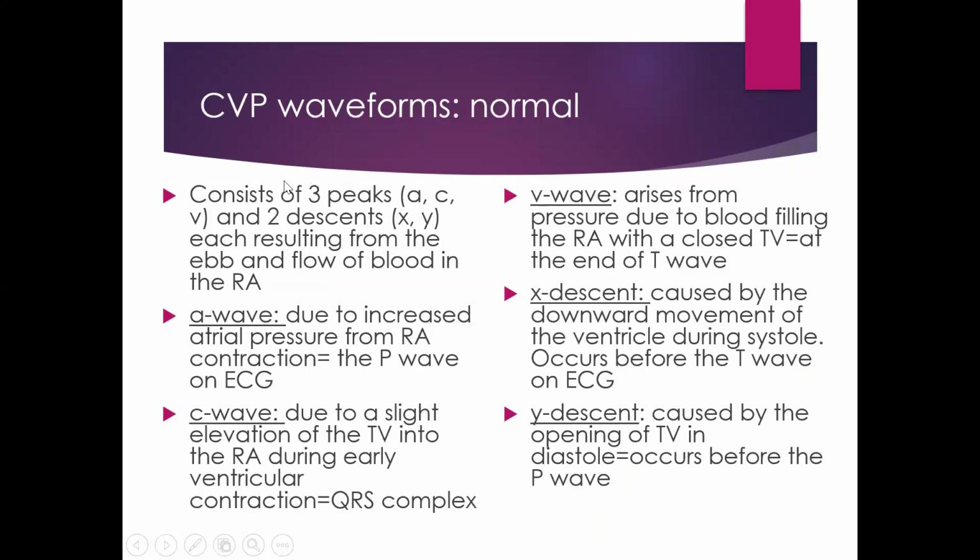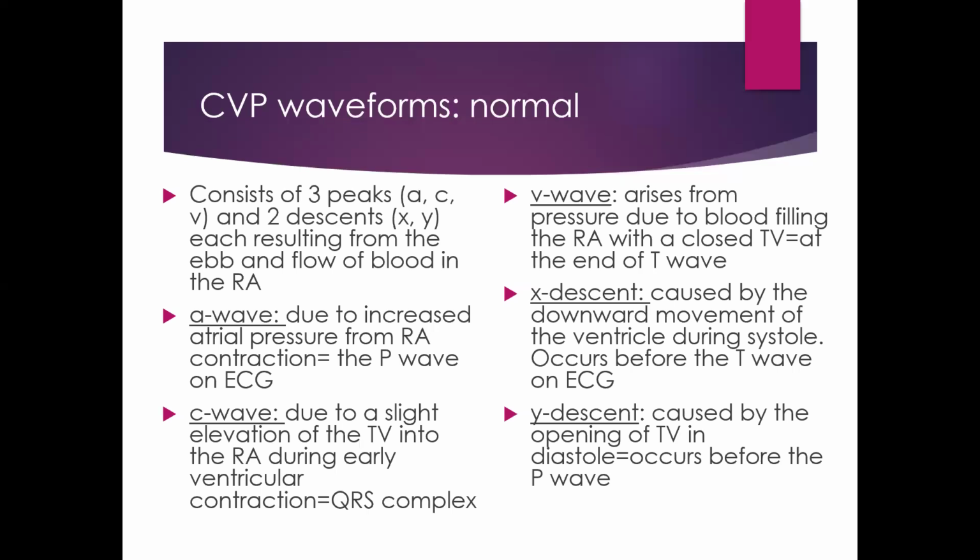So the normal CVP waveform has 3 peaks, the A, C, V, and 2 descents or troughs, the X and Y, and each of these waveforms results from the ebb and flow of blood in the right atrium.